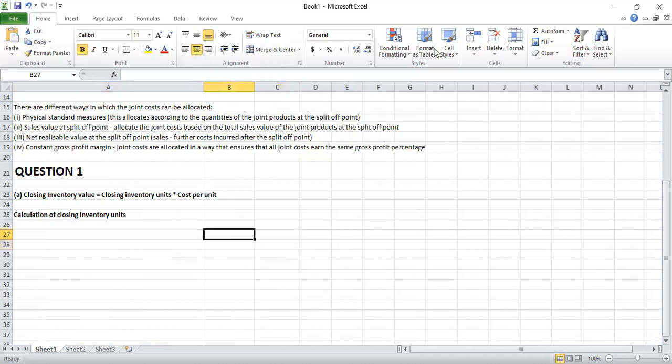Right. So we've got two products here. Let me just open this paper so that I can also access it.